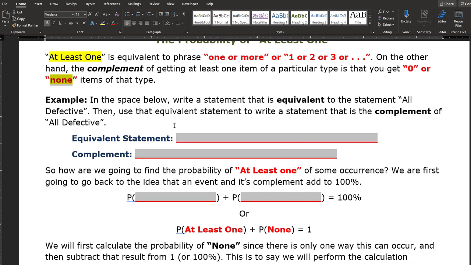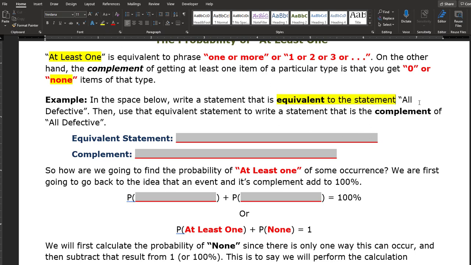Now, understanding a little bit about how to phrase things does help. You get to rephrase things a whole lot when you're dealing with these at least one problems. And the first few examples in the homework get you to think about what are equivalent statements to some of the ones that they're given.